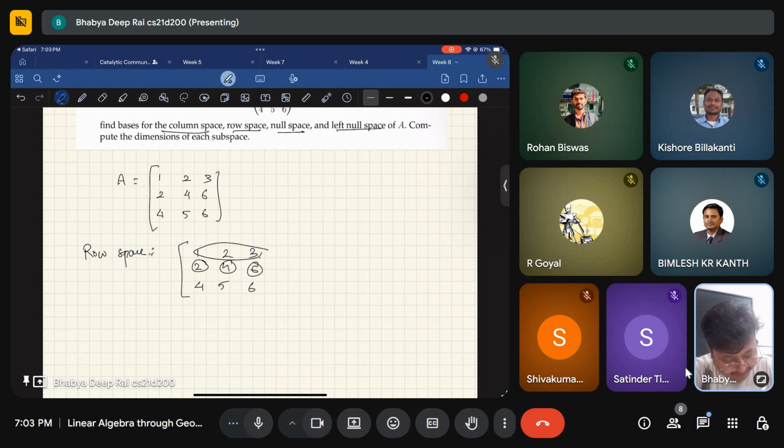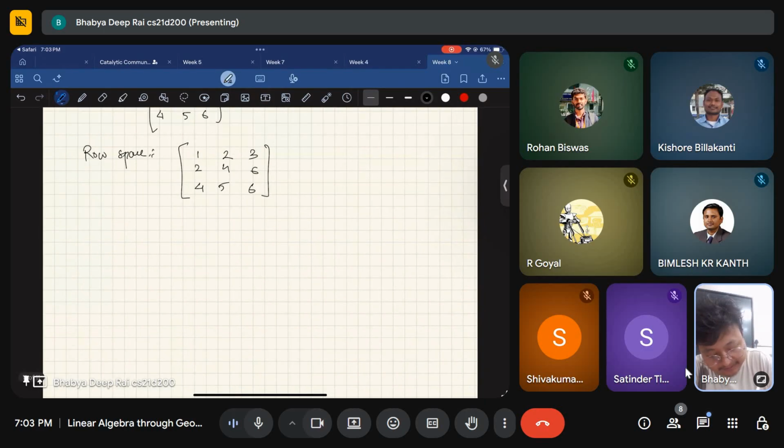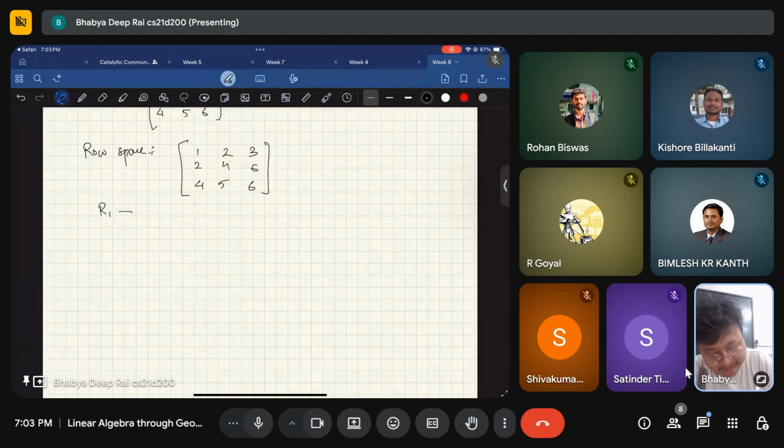And next thing is, is any other linear combination possible? But let's do Gaussian elimination to be extra sure. So this guy can be done using Gaussian elimination. I can just do R1, R2.